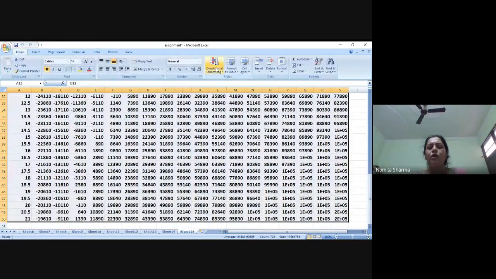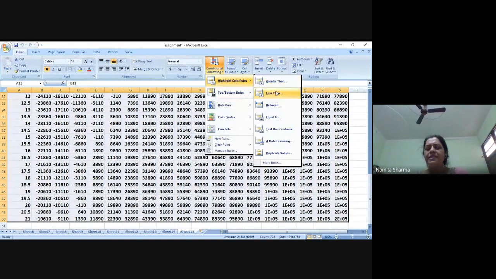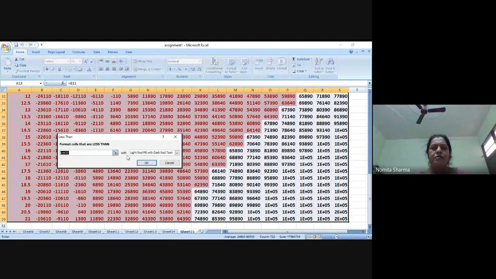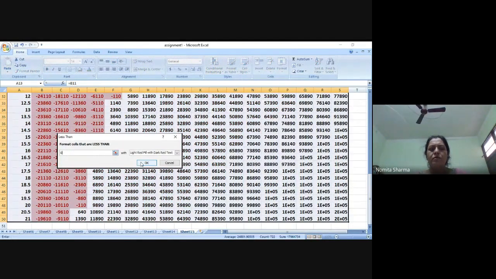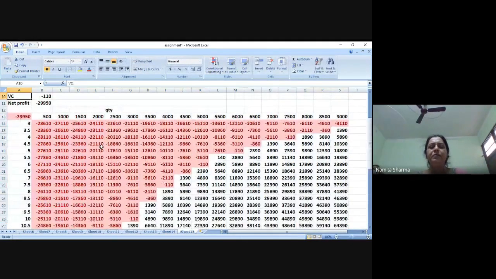In Home, I go to Conditional Formatting and I select Highlight Cells Rules, Less Than, and I say 0. If I say okay to that, you will see that the cells have been highlighted with a pink color. All the values in this color range have negative profits. That means my positive profit starts coming from the quantity 9,000 at a price of 3.5.